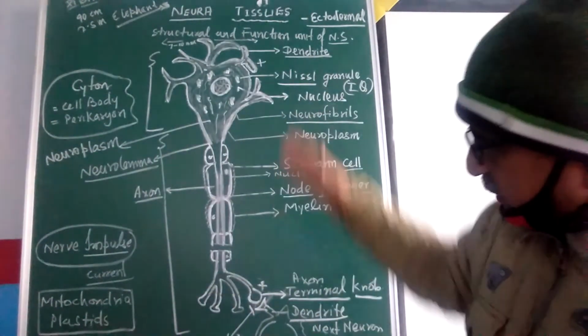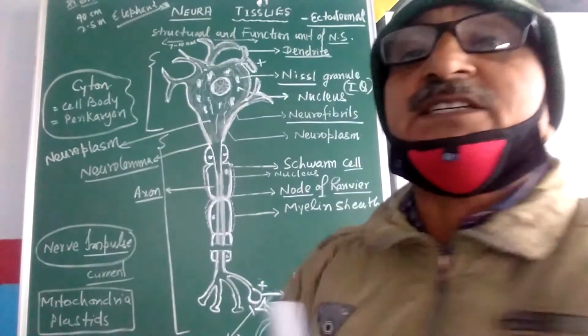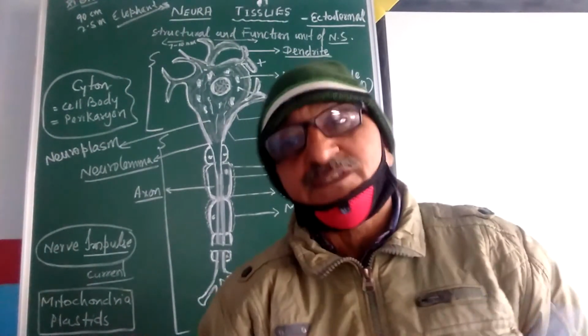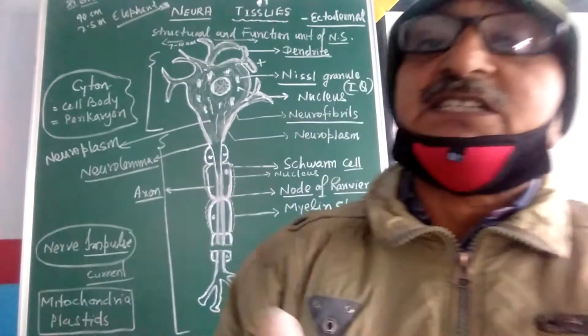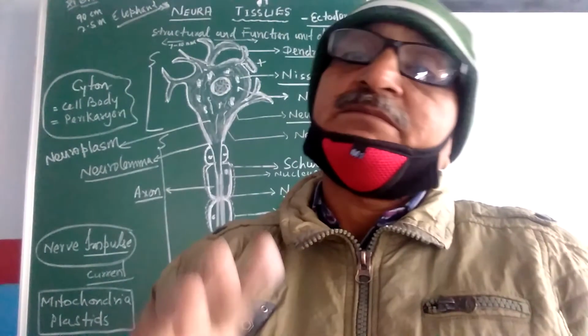When we come to the types of neurons, they are classified in different ways. On the basis of function, the neurons are sensory neurons, motor neurons, and mixed neurons.